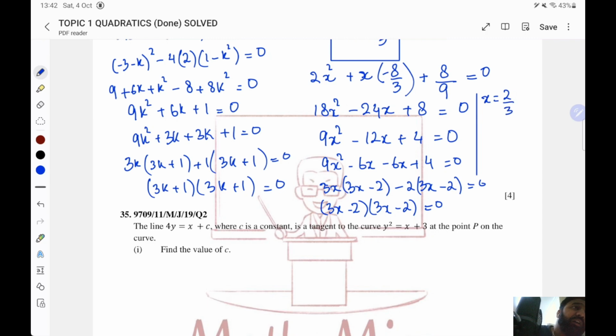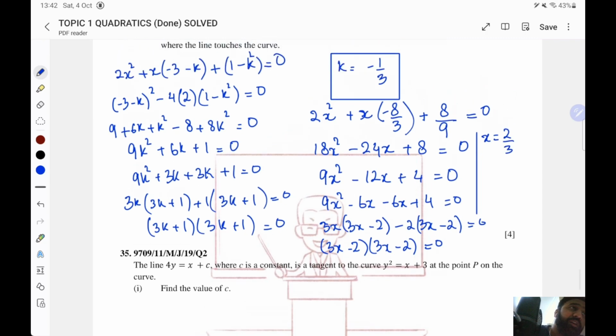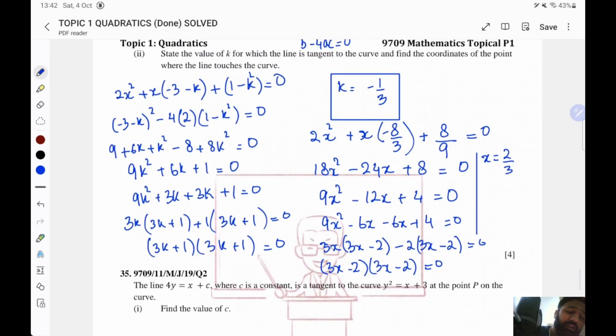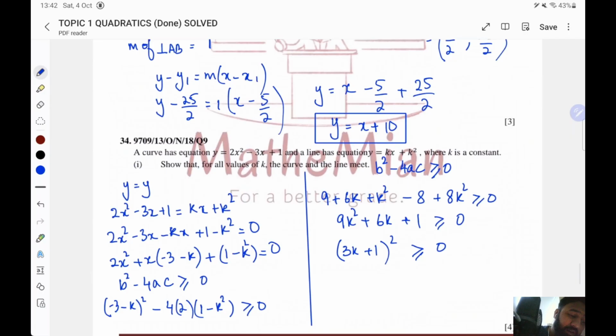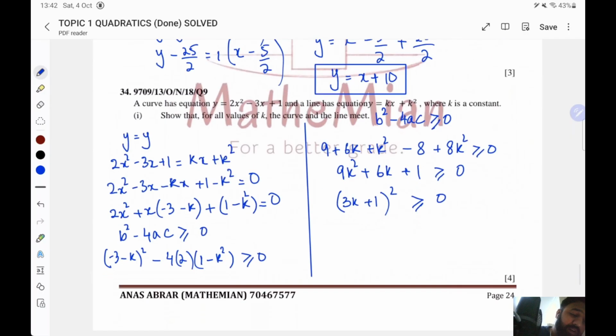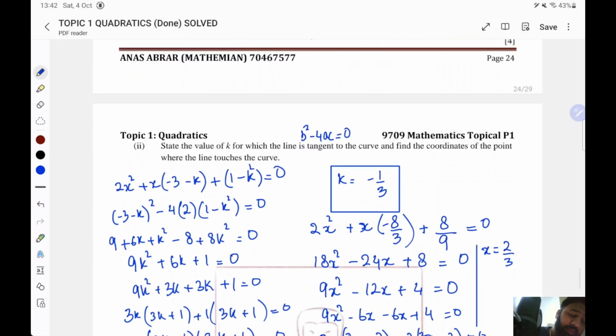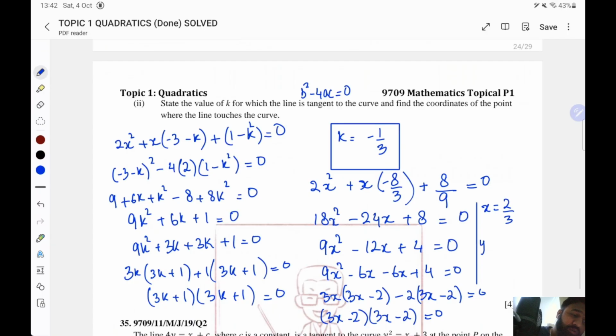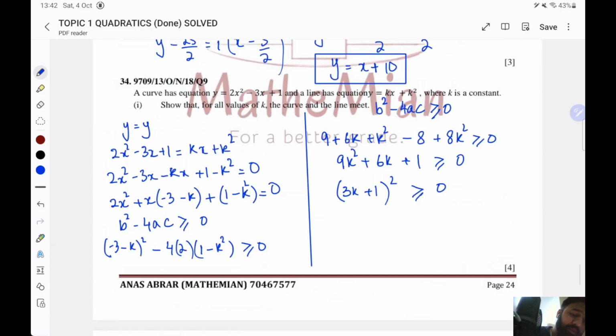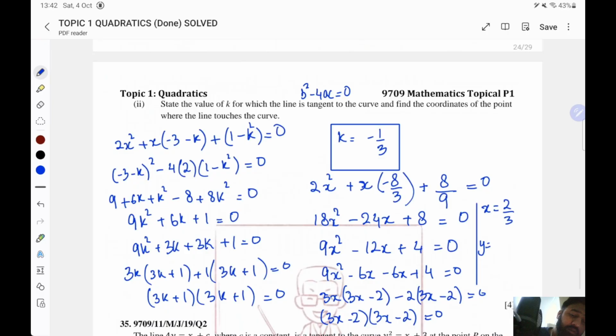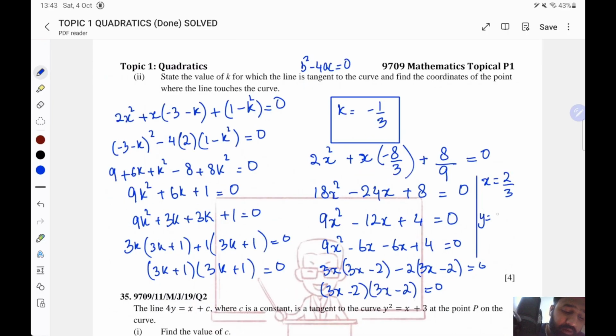The line and the curve are tangent, and that value of x is 2/3. For the curve, we can find y: y = 2x² − 3x + 1.